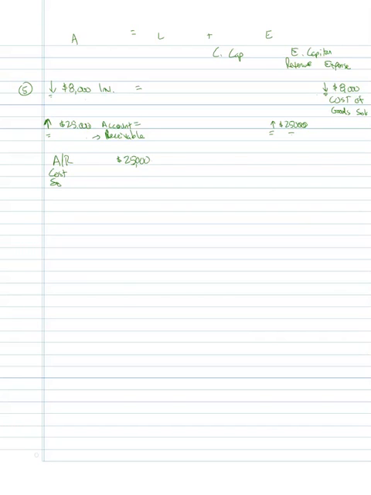We are also going to debit our cost of goods sold. Expenses are increased with the debit. So we're going to debit cost of goods sold, $8,000.